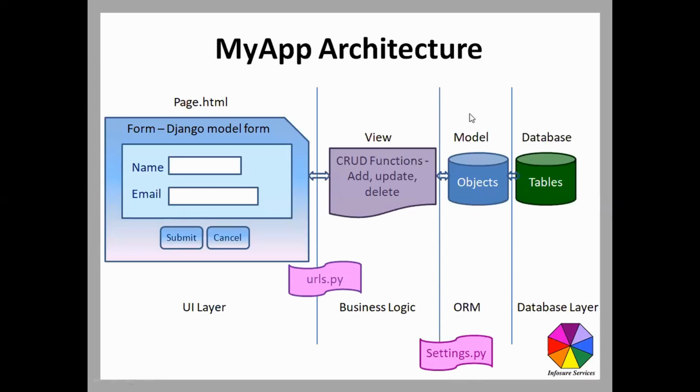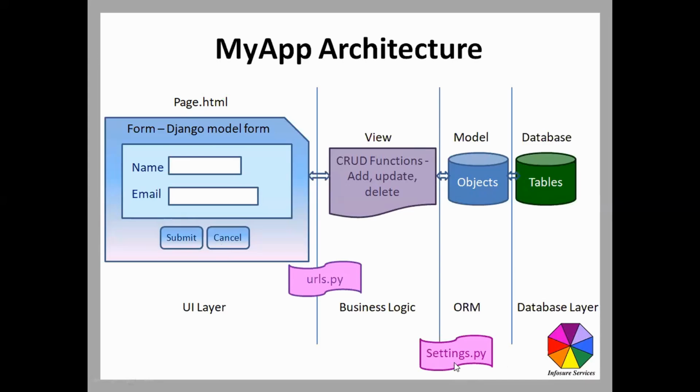This is my application architecture. I've given the same here: model, database, and view which has the CRUD functions. Then the page itself has a form, with submit and cancel buttons. This is the user interface layer. This is the business logic layer, and this is where the ORM is.